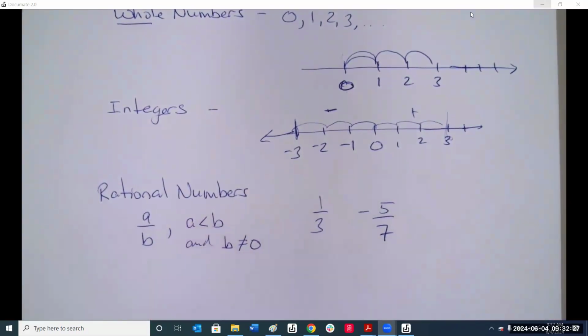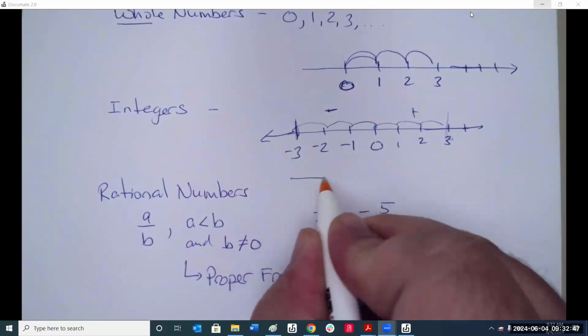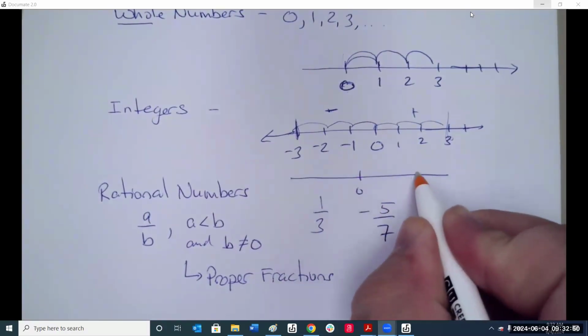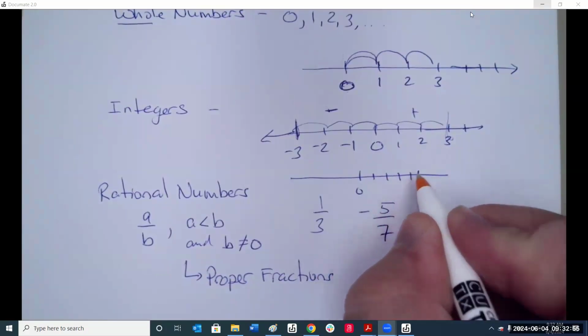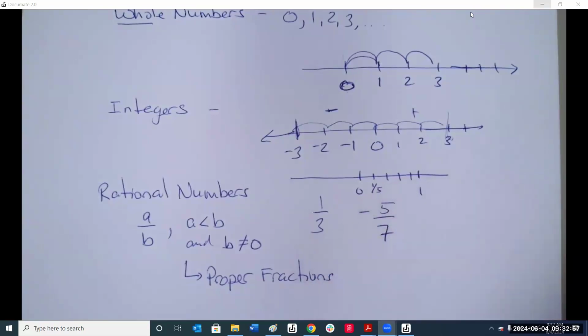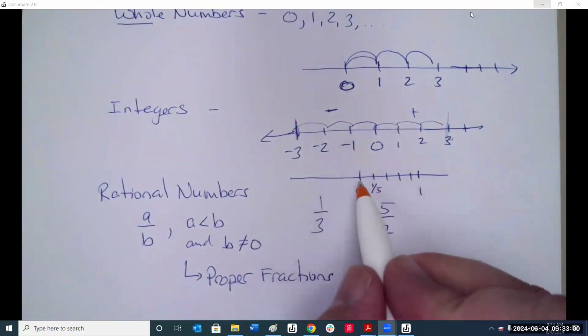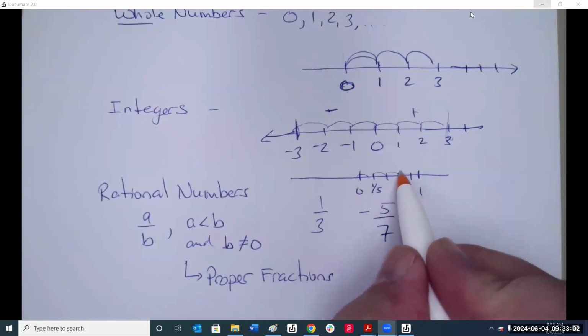Why does the top have to be smaller than the bottom? These are called proper fractions. Because a fraction, now let's just look at these, these are all 1/5. 1/5, 2/5, 3/5, 4/5, 5/5.